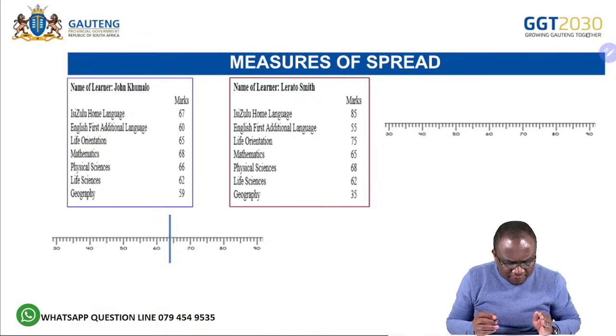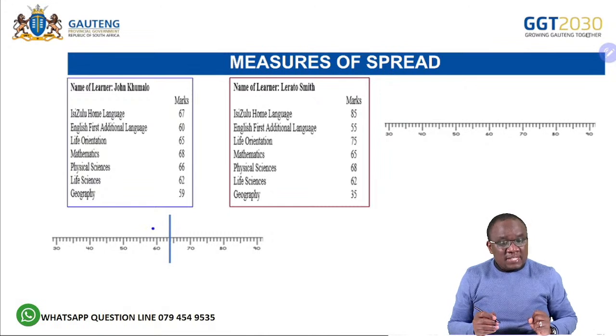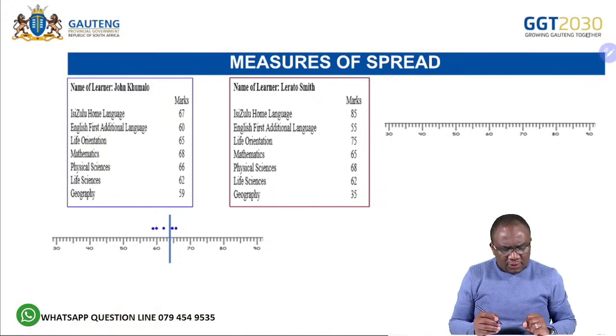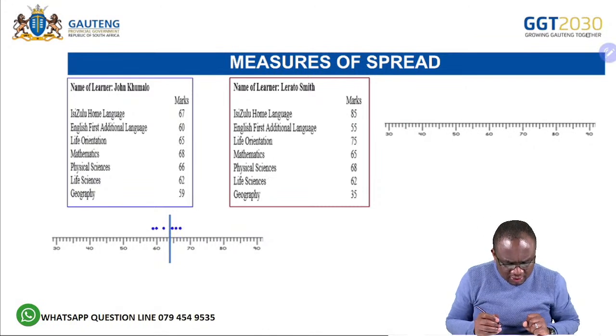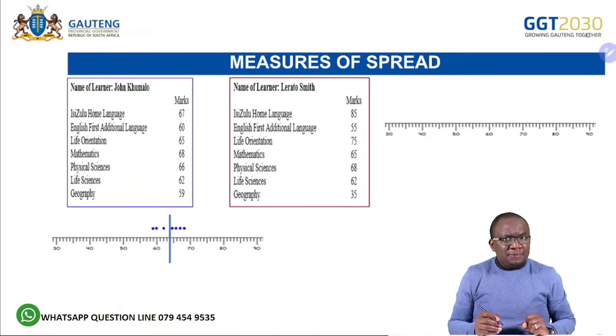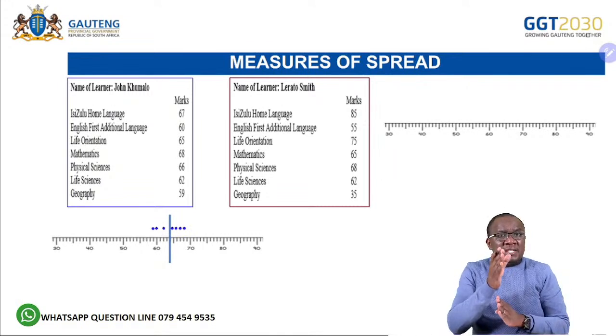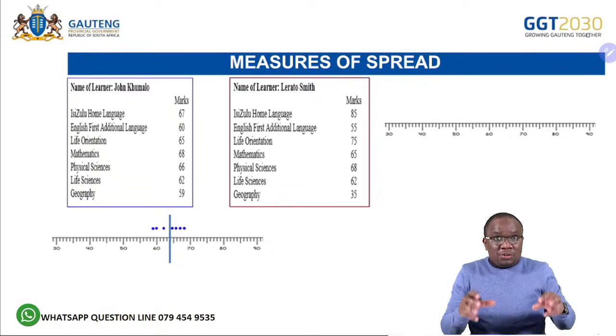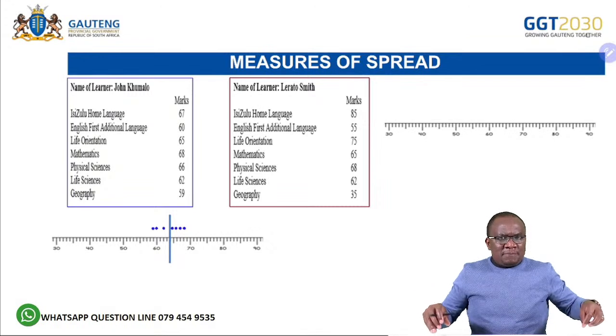It's 59%, followed by 60%, followed by 62%, and then 65, then 66, then 67, and then 68. The line represents the measure of central tendency for John's marks, and the dotted lines are the marks for the other subjects.